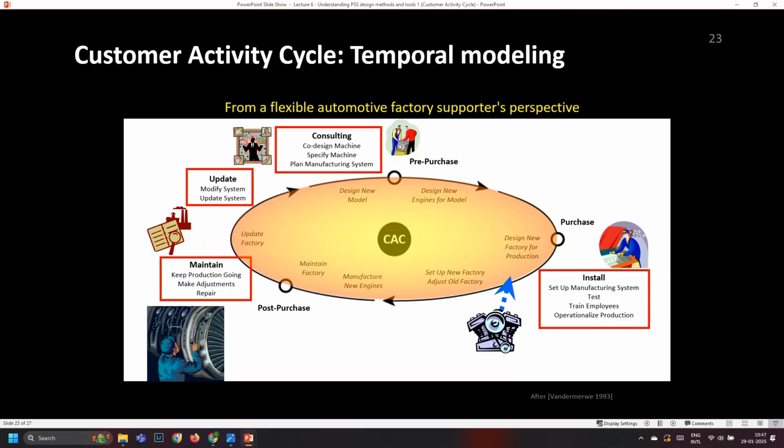For example, this kind of possible services are possible, no? Because you can help your customer with the installment, and also you can provide some maintenance activities, update and also consulting activities. I have given you a few examples in the previous lecture from the industrial cases that look like this.